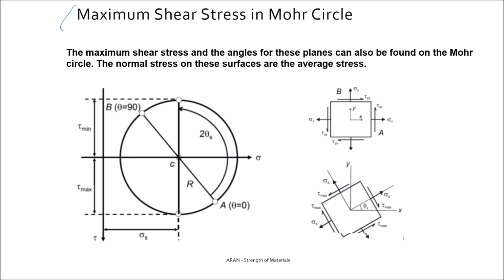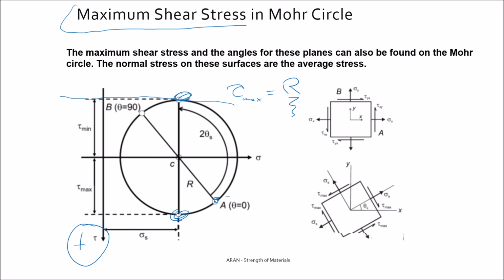So you can also determine the maximum shear stresses with the help of the Mohr circle. The maximum is here, minimum is here. Because positive tau is downwards, the value of tau max is R, that's the radius of the Mohr circle. So you can also find the orientation, for example, of the maximum shear stress from your reference plane, that is this plane.